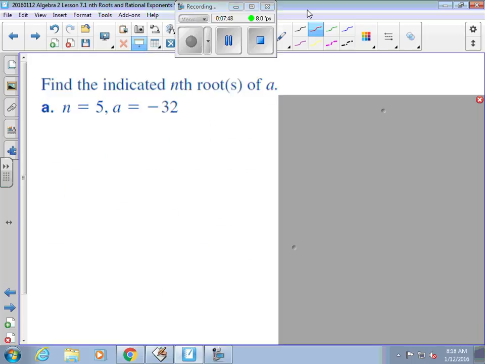Okay, everybody, let's try this one. The index, or n in this case, is 5, and the a value is negative 32. Find the indicated nth roots of a. So rewrite it as a radical.